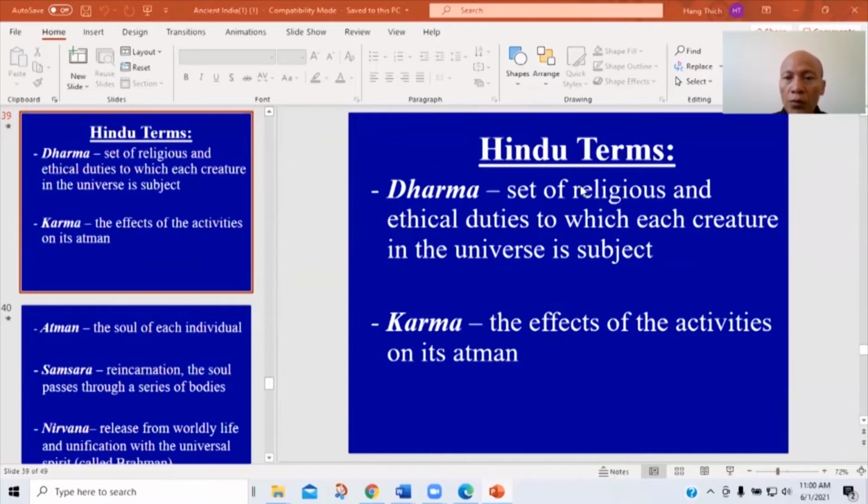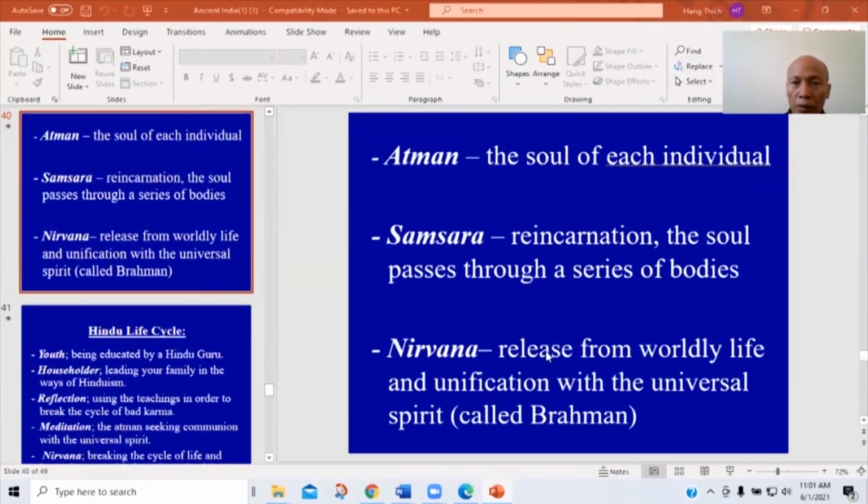In Hindu terms, there are terms like Dharma, which means the set of religious or ethical duties or responsibilities of Hindu people. And Karma, the effect of activities. Atman, the soul of each individual.